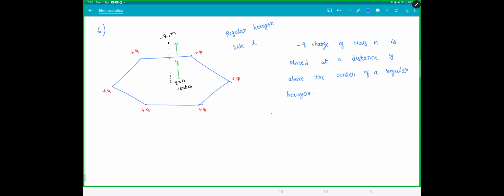So the first question, find force as a function of y and plot the graph. Meaning I could have asked you the graph only directly, same thing actually. So plot F versus y graph.